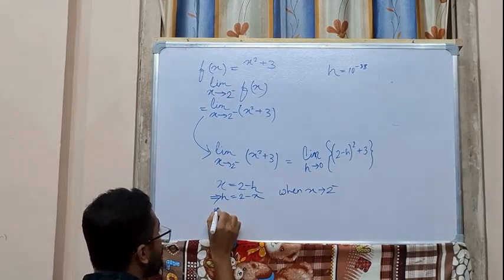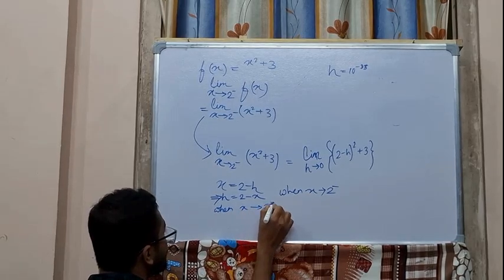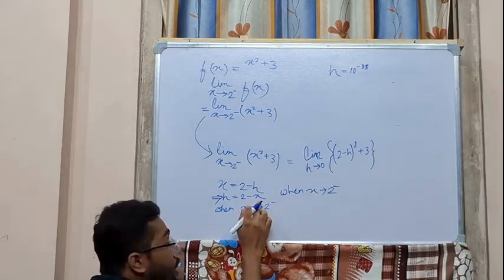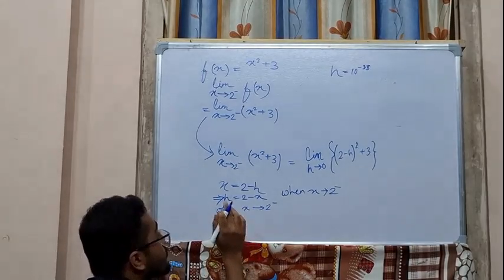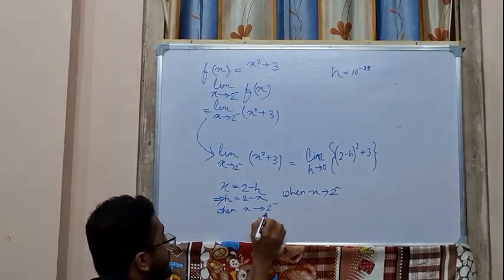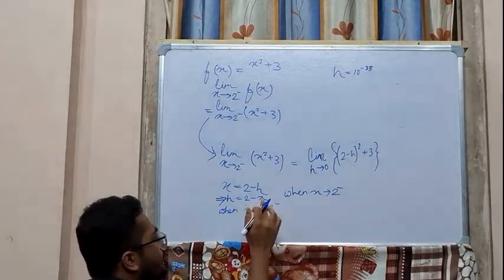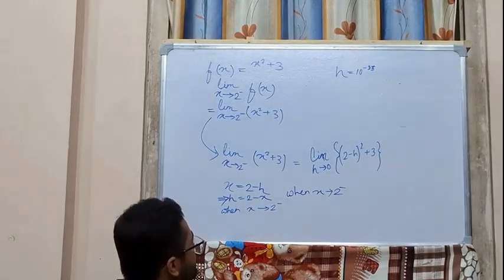Let x be very near to 2, that means 1.99 something.